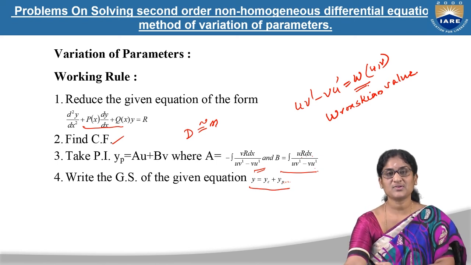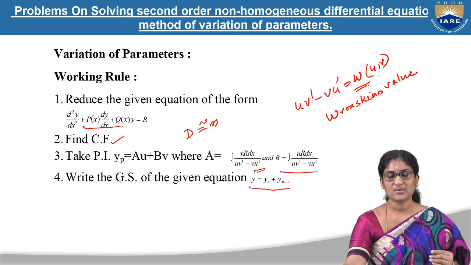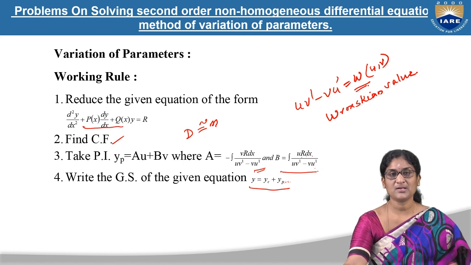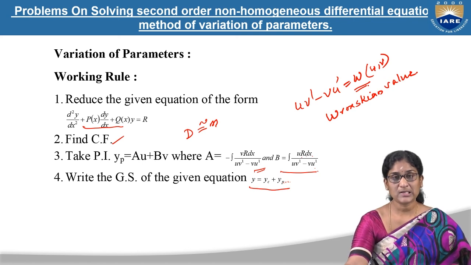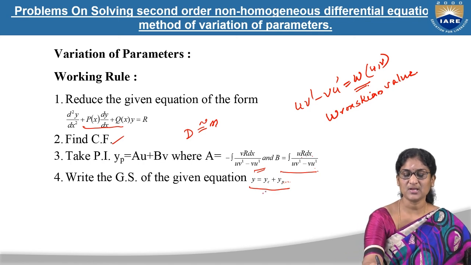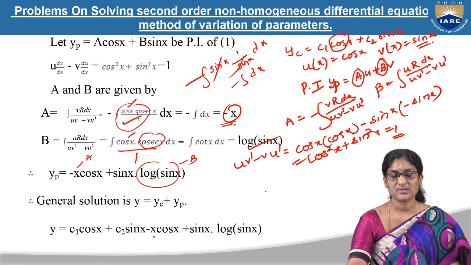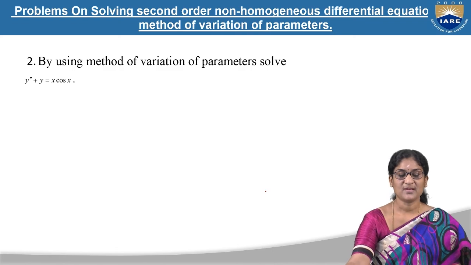Each coefficient we assume as u and v, find the Wronskian value, and find a and b to frame the particular integral a into u plus b into v, where a is given by minus integral of vr dx by the Wronskian, and b is given by integral of ur dx by the Wronskian value. The particular integral obtained by this method has to be added to the complementary function to give the general solution. So these two are the examples which we have referred.